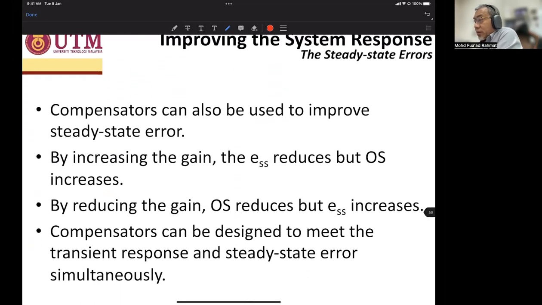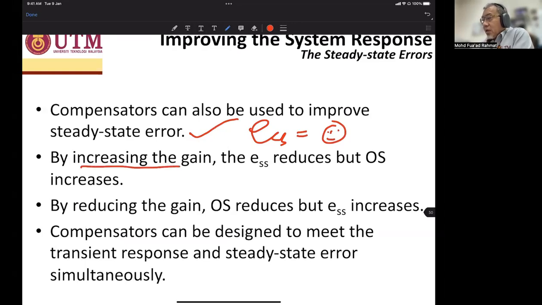So how to do that? Compensators can also be used to improve steady state error. The best target in design is a steady state error of 0; it cannot be a finite value.